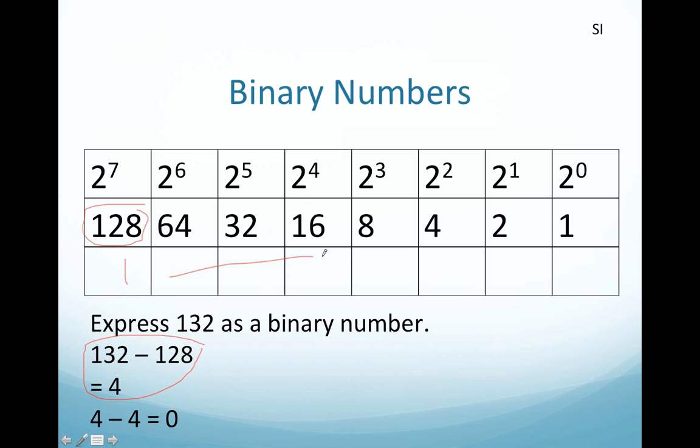So we have to skip all of these. And the next place value we can use is the 4's place value, where 2 to the second power equals 4. Okay. And then that leaves us with 0. And of course, we can see that here. And then all that gets cleaned out too, because we can't do anything with it.